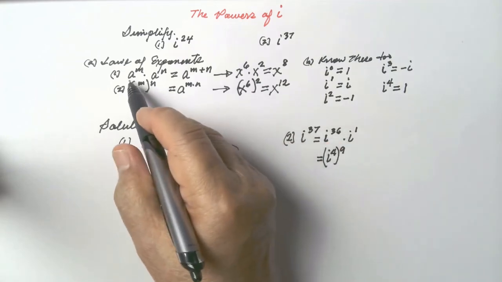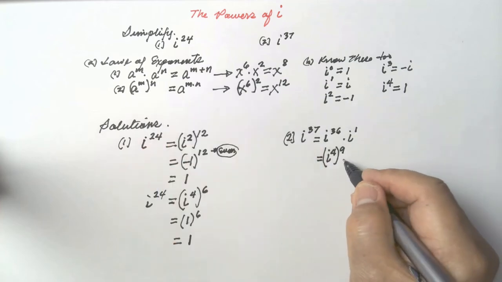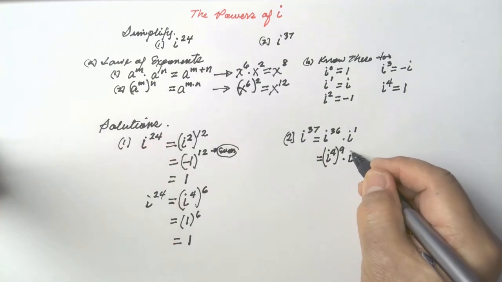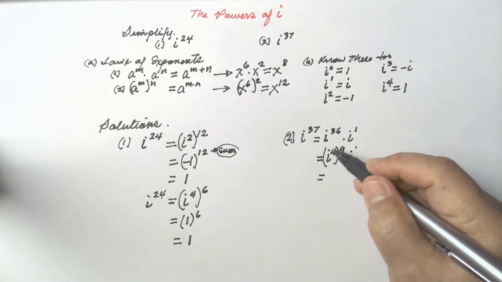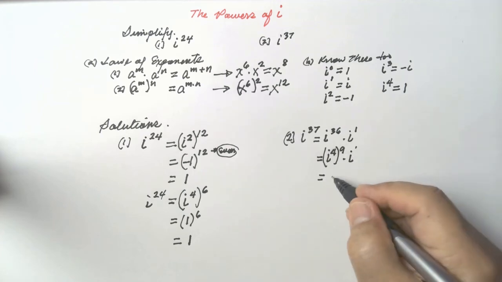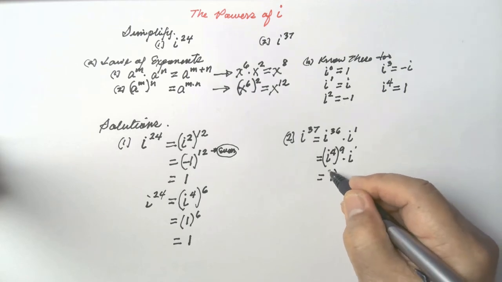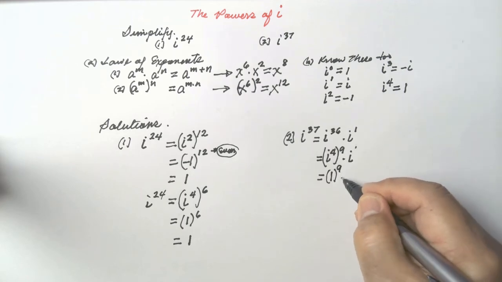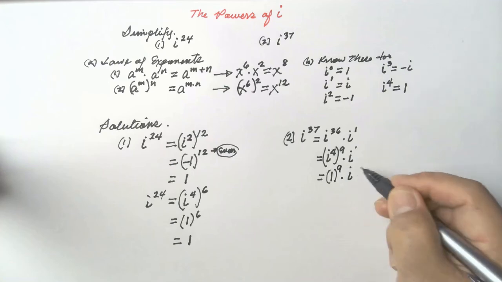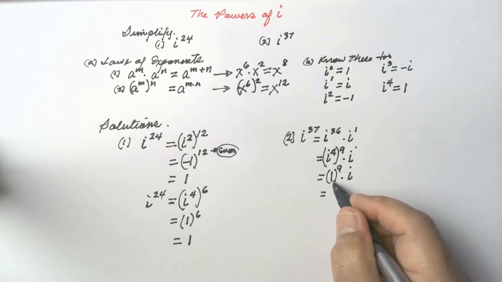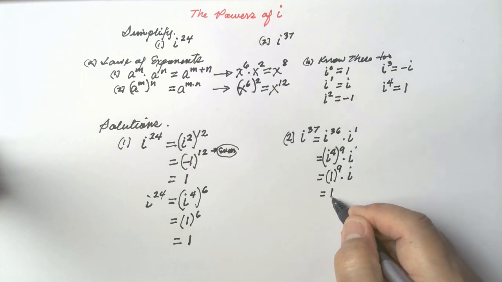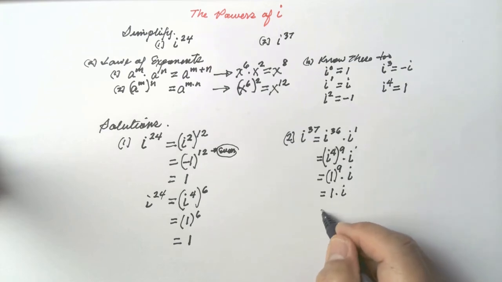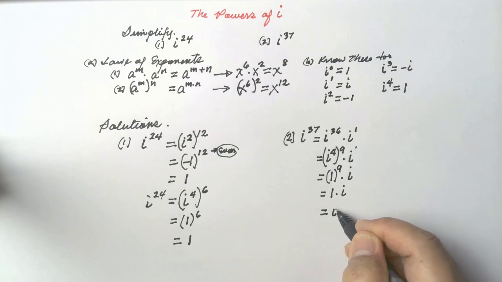We are following this law of exponent, times I raised to the exponent of 1. But then, this is equal to 1. So 1 raised to 9 times I. If you multiply 1 by itself 9 times, you get 1 times I. So this is equal to I.